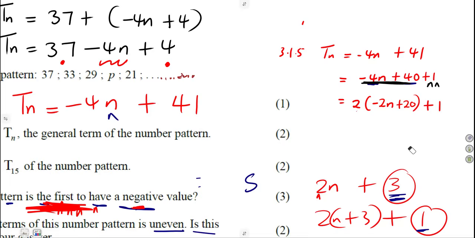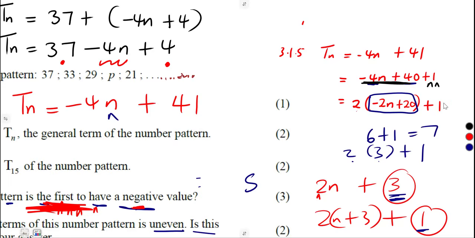So automatically we can see whatever value of n you put here, maybe you're going to get a 2, you're going to get a 3. But the moment you add a 1 to say 2 times 3, it's an even number. But the moment we add a 1, it's now uneven. So adding this 1 that we see there is the one that is making that statement uneven.